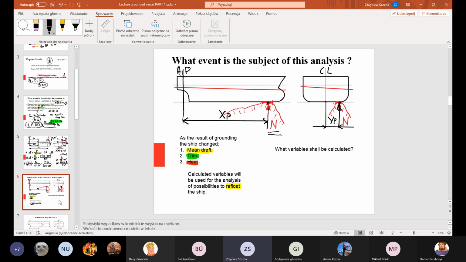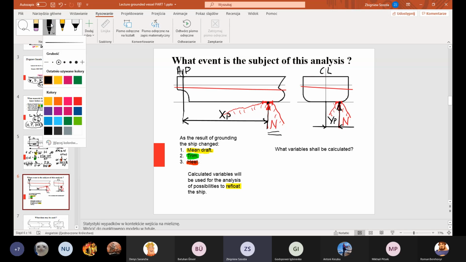Fine. Now let us go to the business. One hour passed, and now eventually we are at the topic. What event is the subject of our analysis? Not surprising to the topic, the ship is grounded.